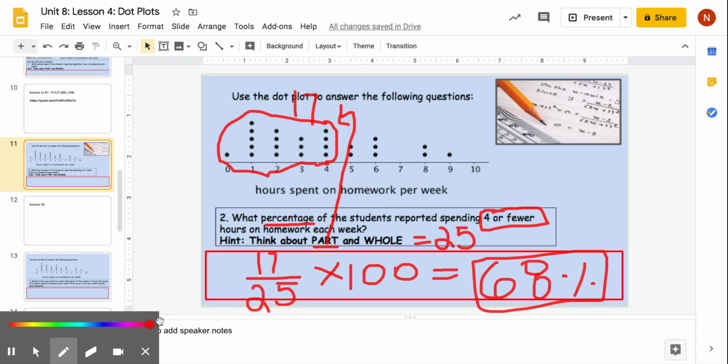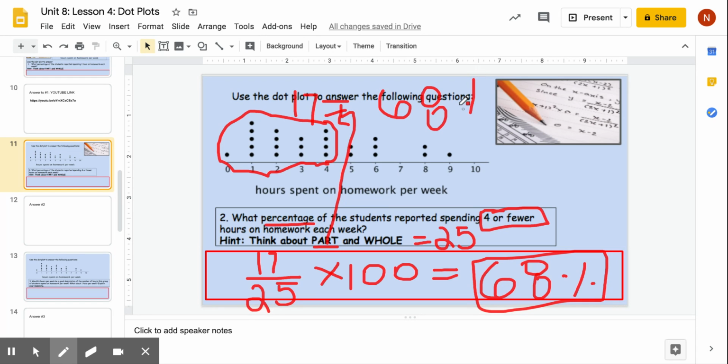So my final answer is that 68% of the students reported spending 4 or fewer hours on homework. This 17 is 68% of the students who answered.